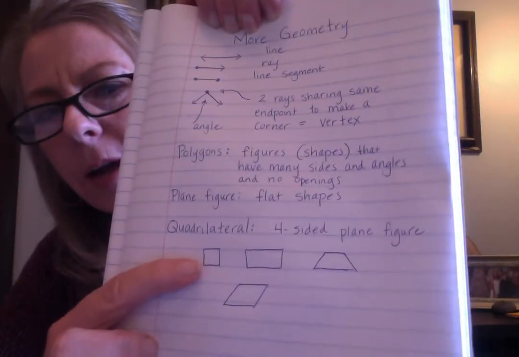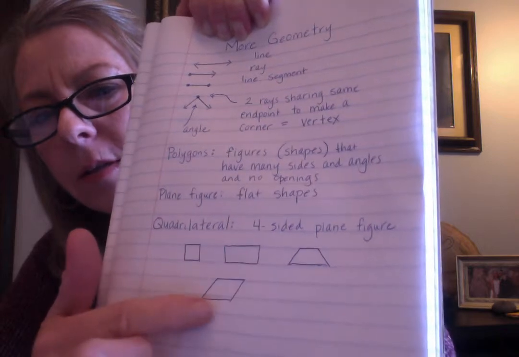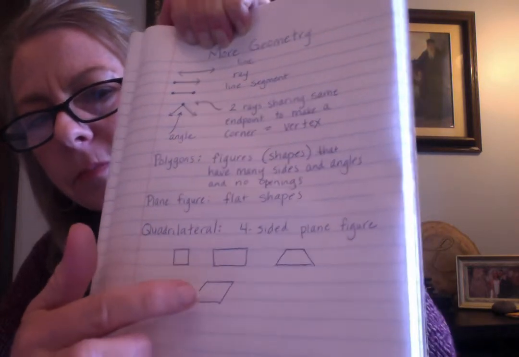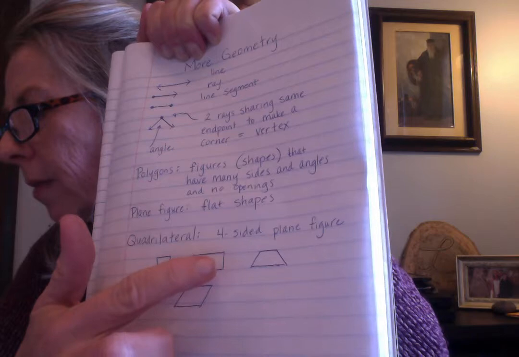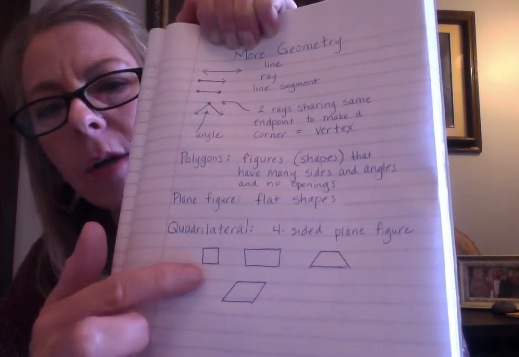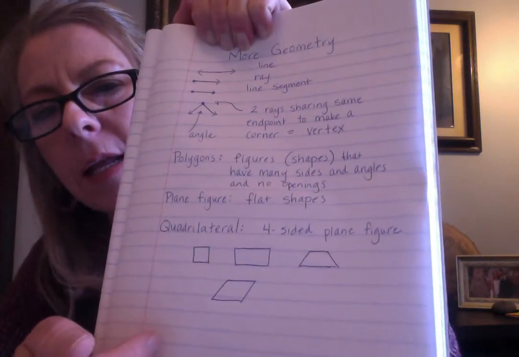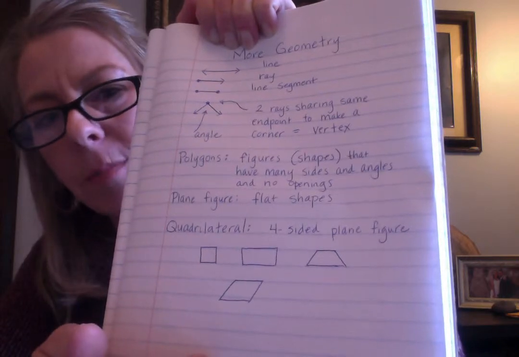So like a square, a rectangle. This is called a parallelogram. A trapezoid, right? So all of these are quadrilaterals because they're four-sided and they're plane flat shapes.